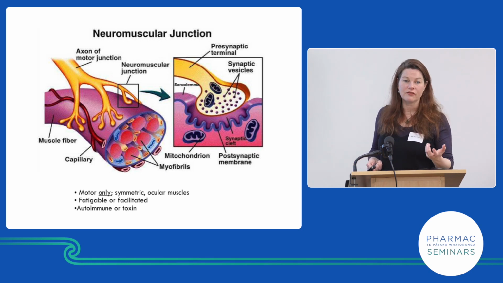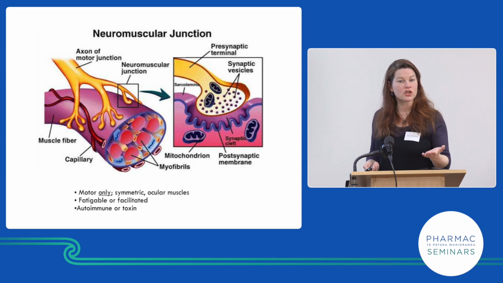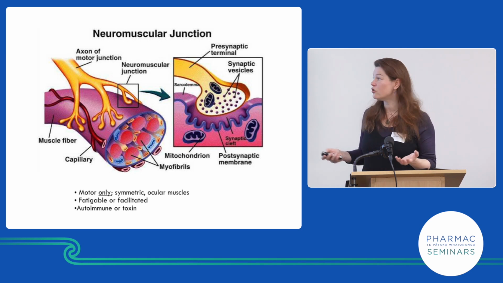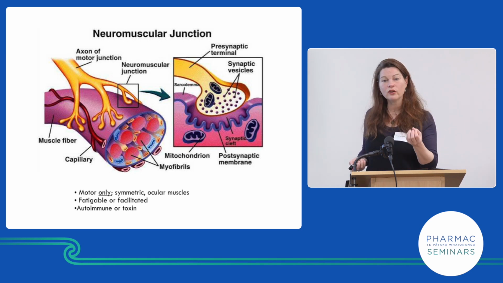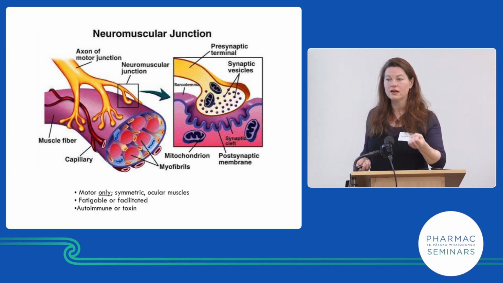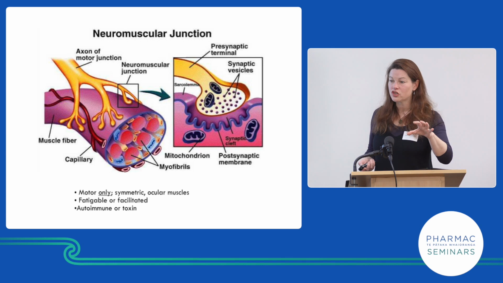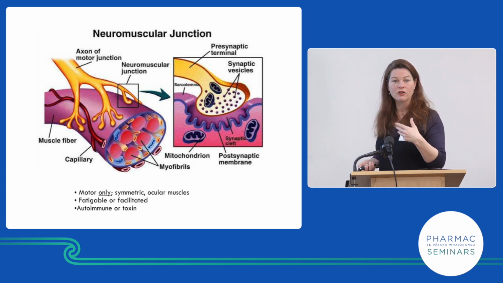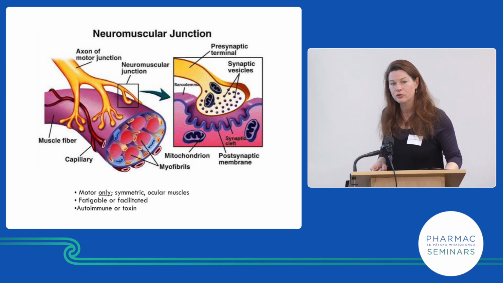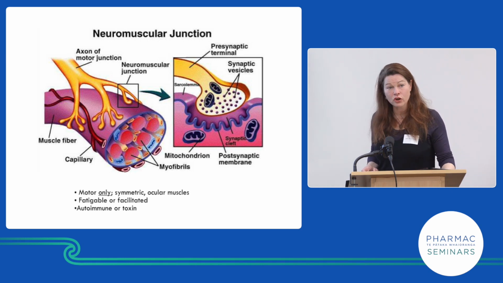And in myasthenia gravis, you have an immunological problem where the receptors are attacked, so the acetylcholine cannot bind to the receptors and cannot trigger the motor function in the muscle by changing the membrane across to allow calcium to flow in and starting the muscle contraction to occur.